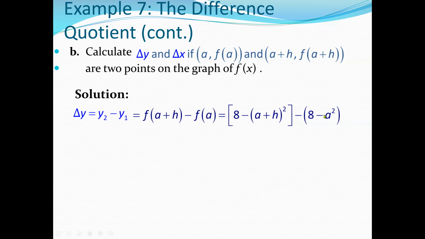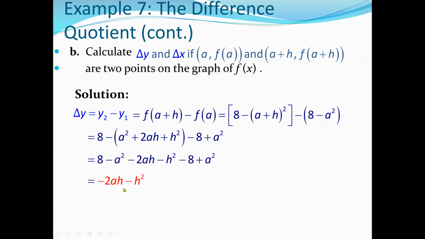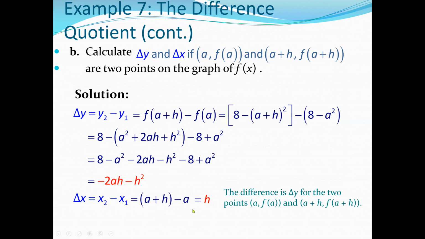We substitute the values, then we combine and remove the parentheses, and our final answer will be minus 2ah minus h squared. And dx will be x2 minus x1. x1 is a, x2 is a + h. So we get a + h minus a, and our answer will be h.